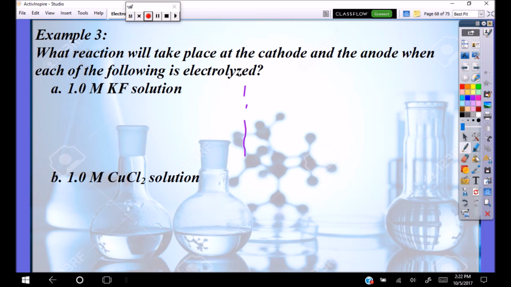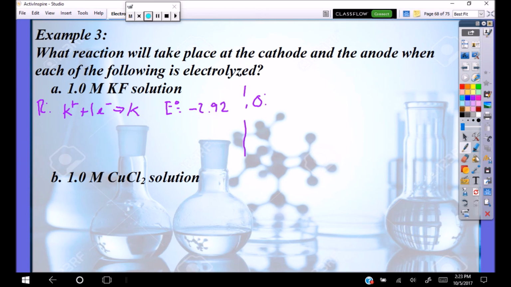On your table, if you pulled up K, we look at the reduction side and the oxidation side, and we should be able to pull this apart. So I'm going to compare my reduction of potassium: K+ plus 1 electron gives K. The cell potential here is not very favorable, a negative 2.92.